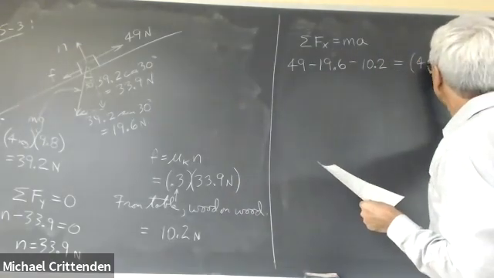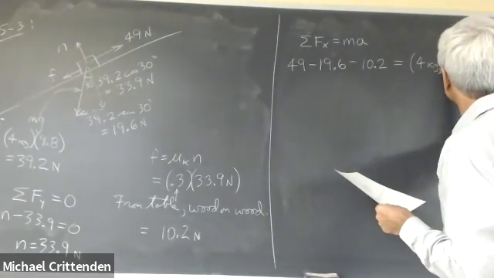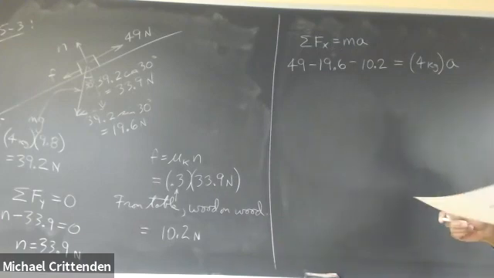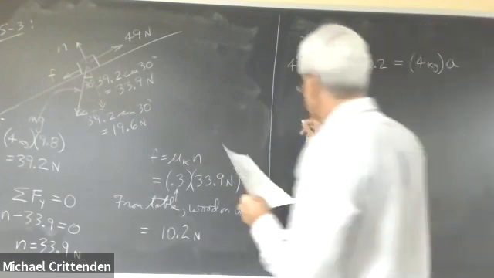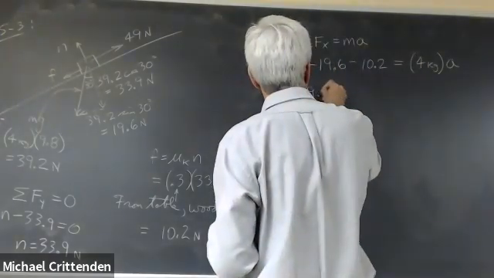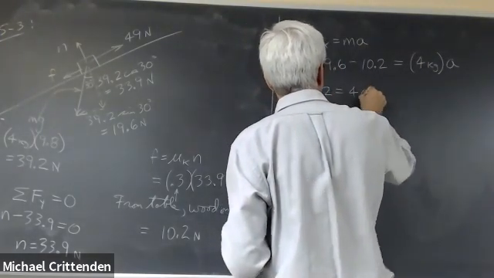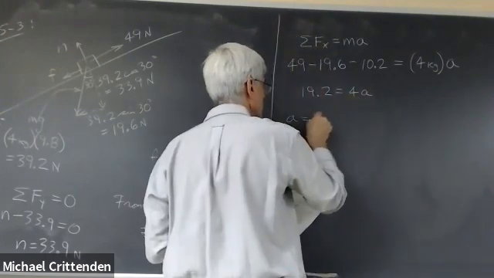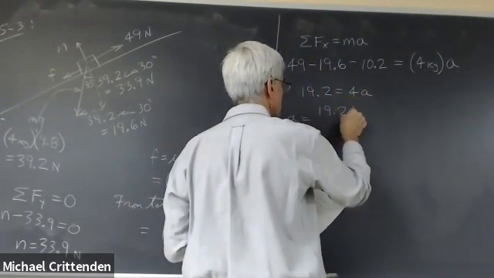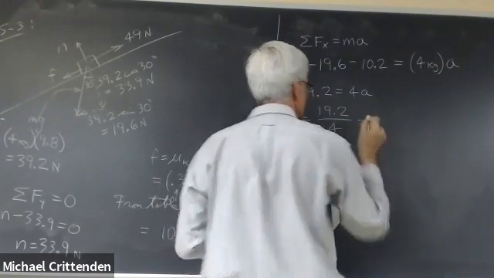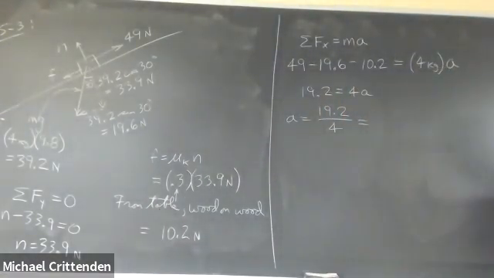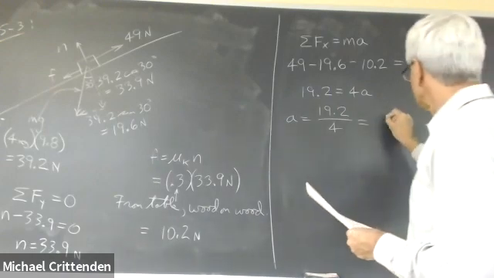The mass is 4 kilograms. A is the thing I want to know. So you add the 3 numbers together and then you divide by 4 and that's the answer.